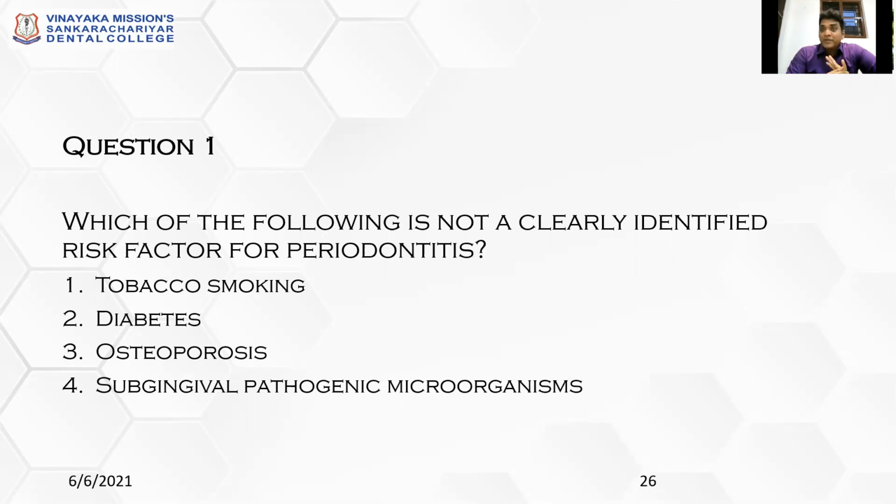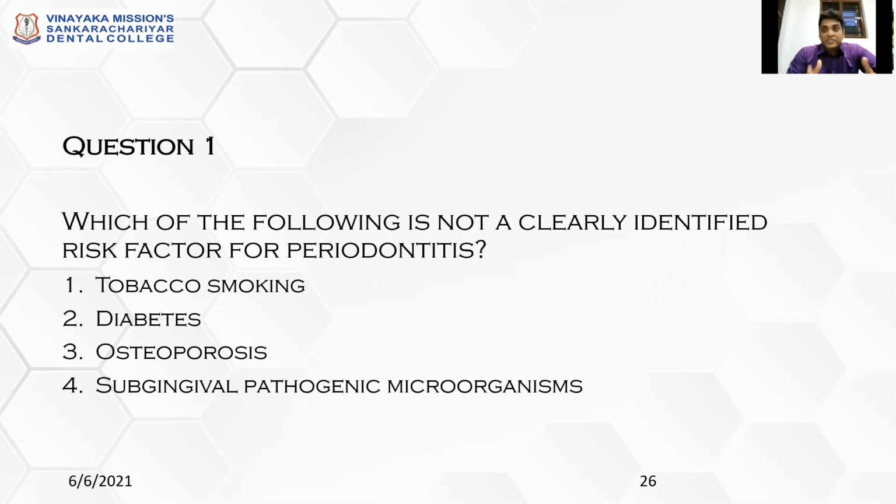Smoking: I told you in my lecture how smoking can cause periodontal disease. I spoke about the neutrophil hyperresponsiveness and monocyte AGEs, so that is the real indicator that this risk factor can cause periodontal disease. Smoking causing periodontal disease is proven. Subgingival pathogenic microorganisms: we all know periodontitis is caused by a group of specific microorganisms that results in periodontal bone loss.